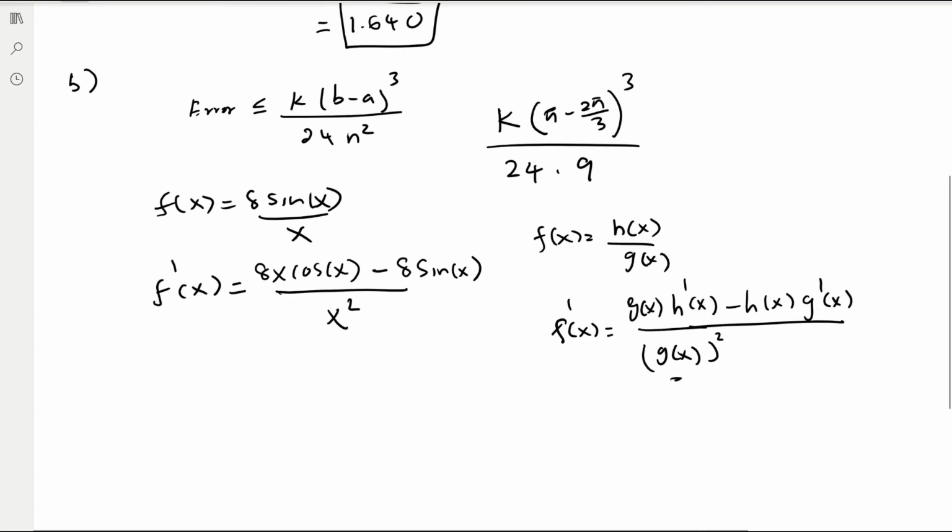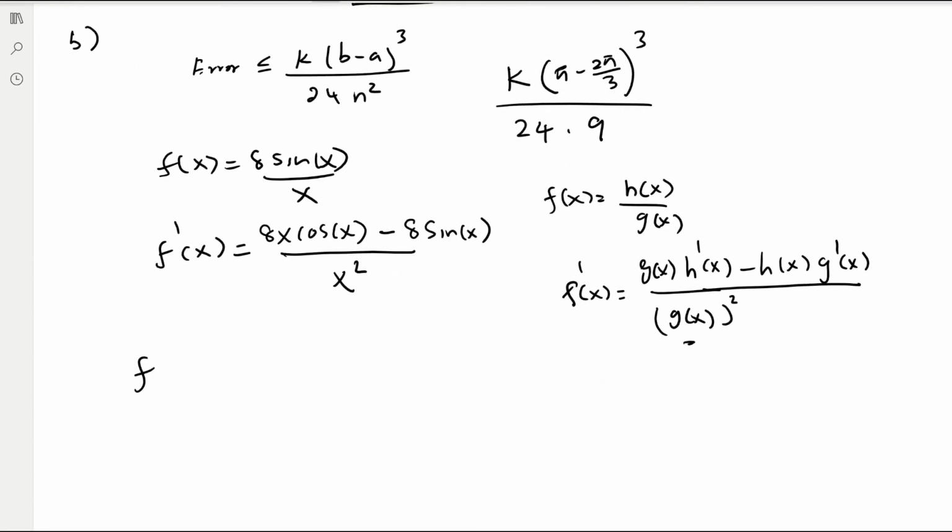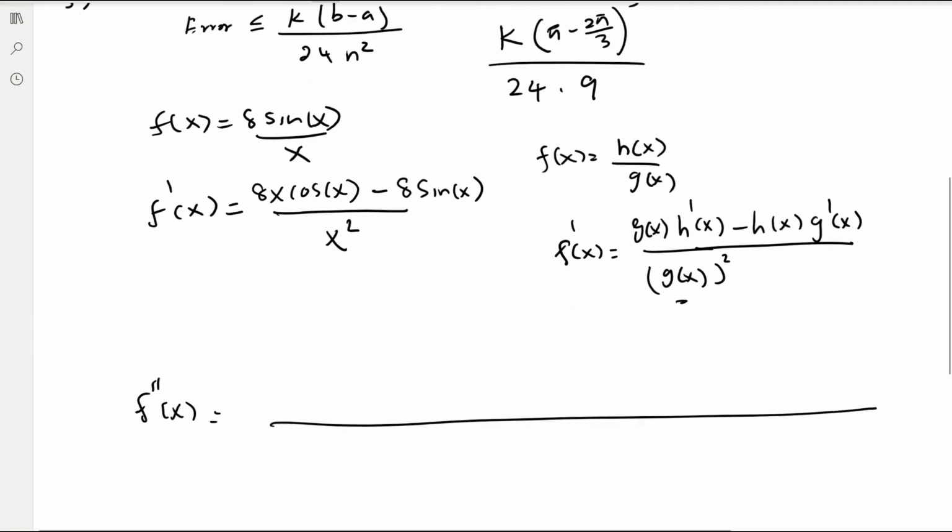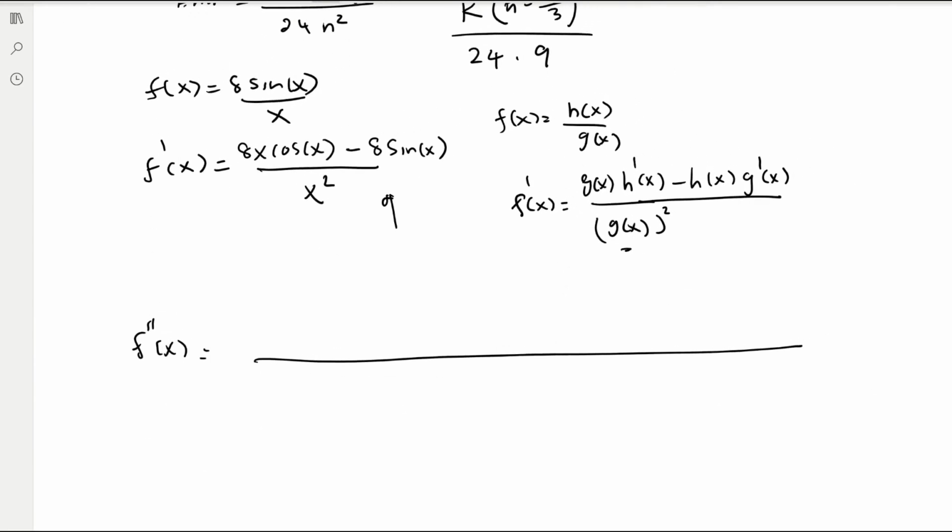Now let's find the second derivative. To find it, you apply the quotient rule again, so we have to be careful here. Applying the quotient rule again, you square the denominator; the square of x squared is x to the 4. And here g, which is x squared, times the derivative of the numerator. The derivative of 8x cosine x needs the product rule, so this is tricky.